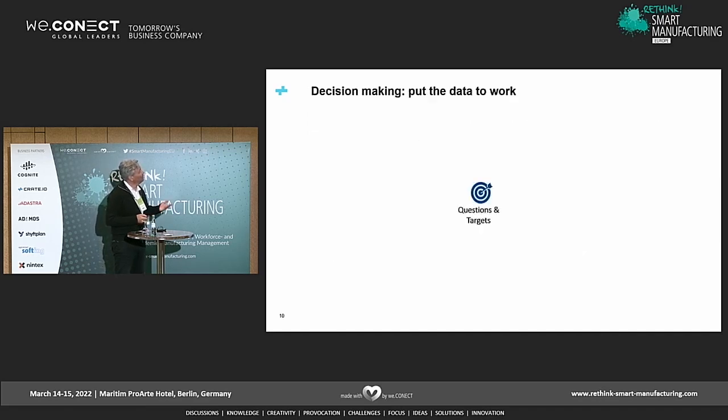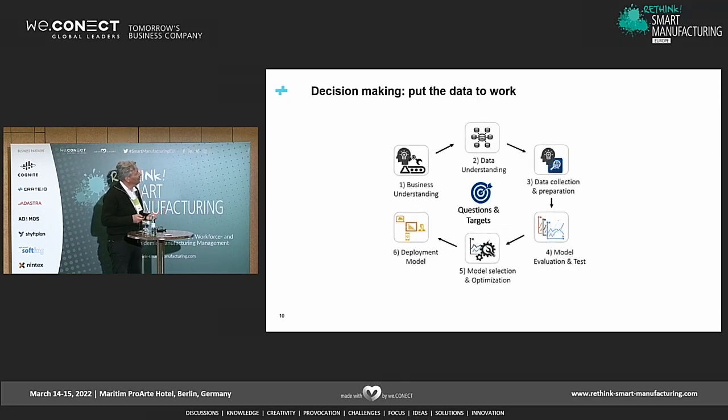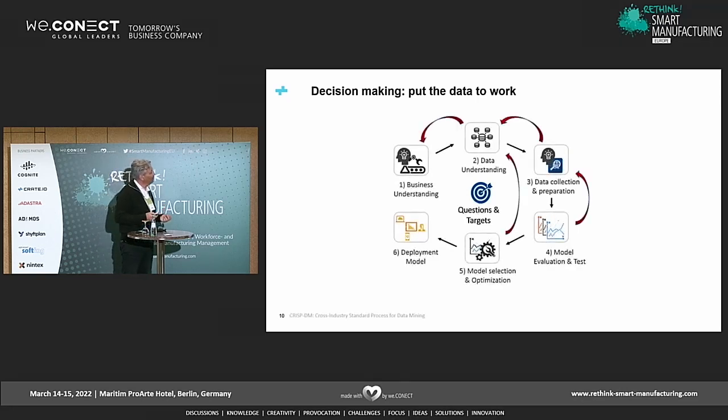So how do you put the data to work now? This is a standard cycle that essentially scientifically is approved now, and this circle, you probably know it, is you have a business understanding of what you want to achieve, you define the key data points that are relevant for you, you try to understand what impacts your process or your EBIT or whatever, and then you start to collect those data, you prepare the data, you enhance the data, you tag the data, you use manual tagging methods or automated tagging methods.